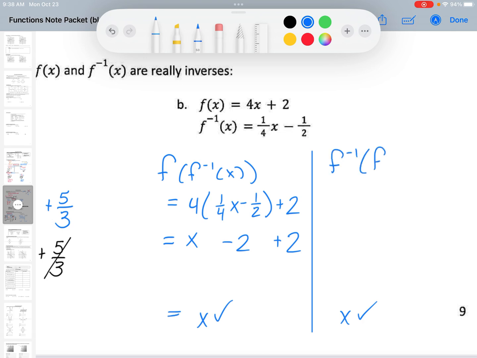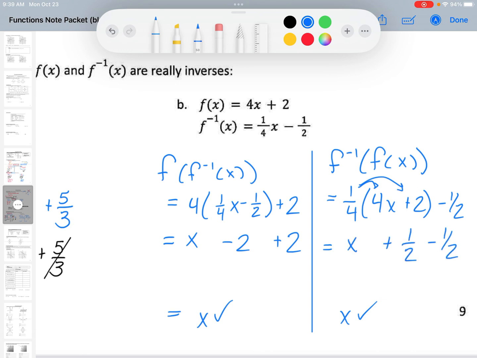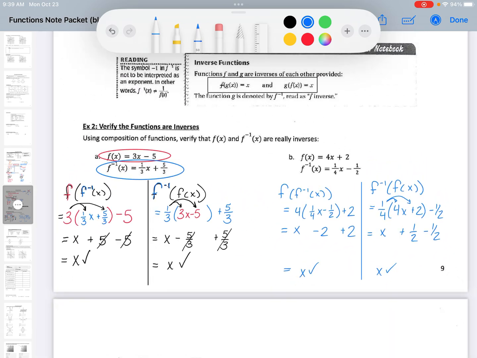The next one would be the inverse of f of x. And that would be 1/4 times the quantity 4x plus 2 minus 1/2. Distribute. So you get x plus 1/2 minus 1/2, and that one works. Let's do some practice.